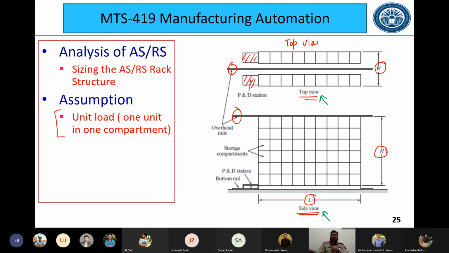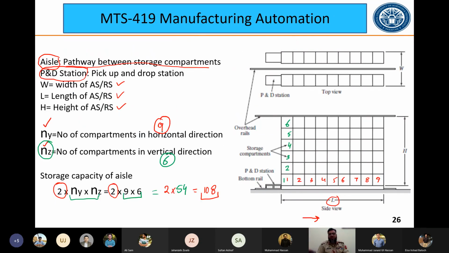What we are doing at the moment is calculating the size of the ASRS. Our assumption is that only a unit load will be put in one compartment, so one unit in one compartment. So we are starting the sizing of the ASRS.